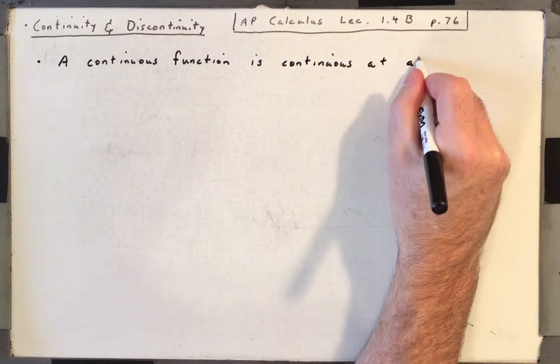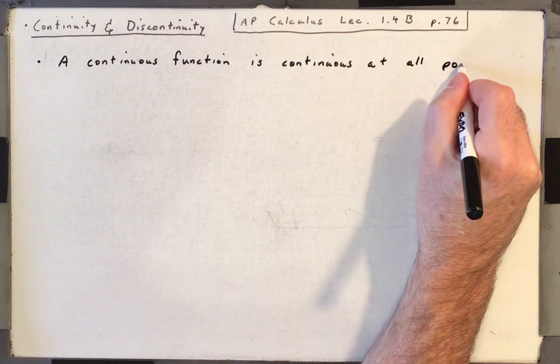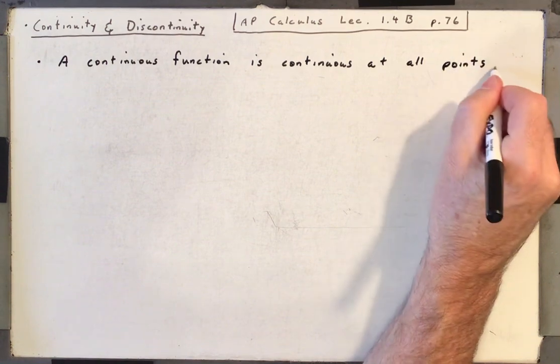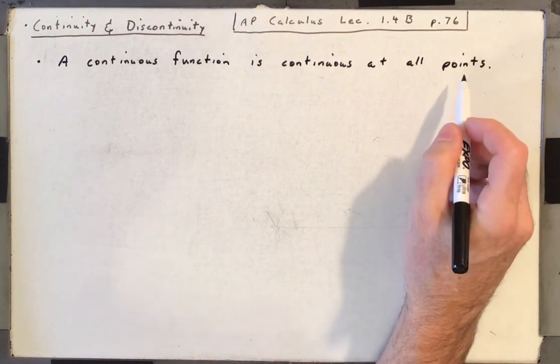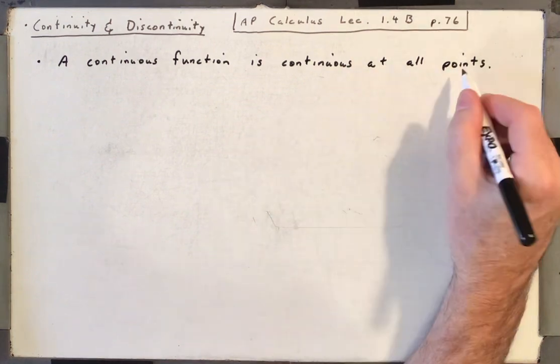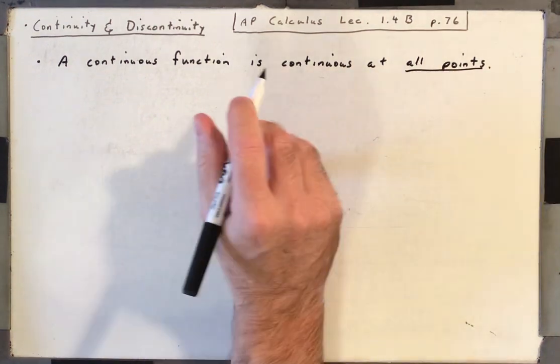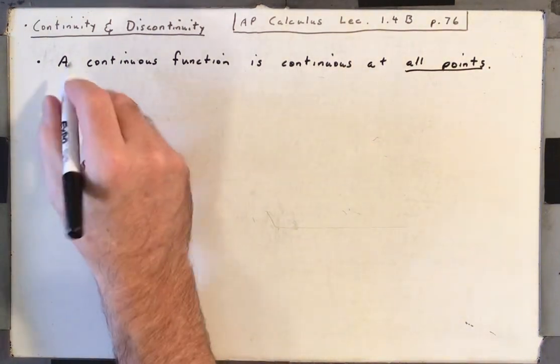That's what I was talking about just a minute ago. It's just a curve, right? No holes, no jumps, no asymptotes. So continuous at all points.